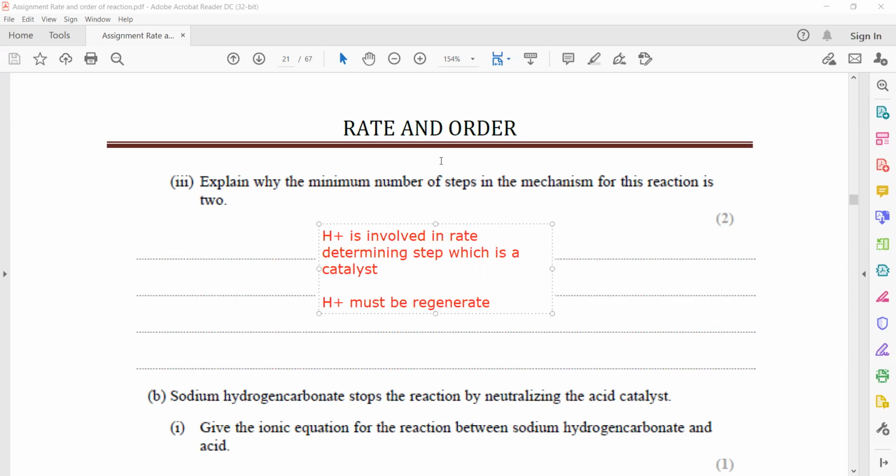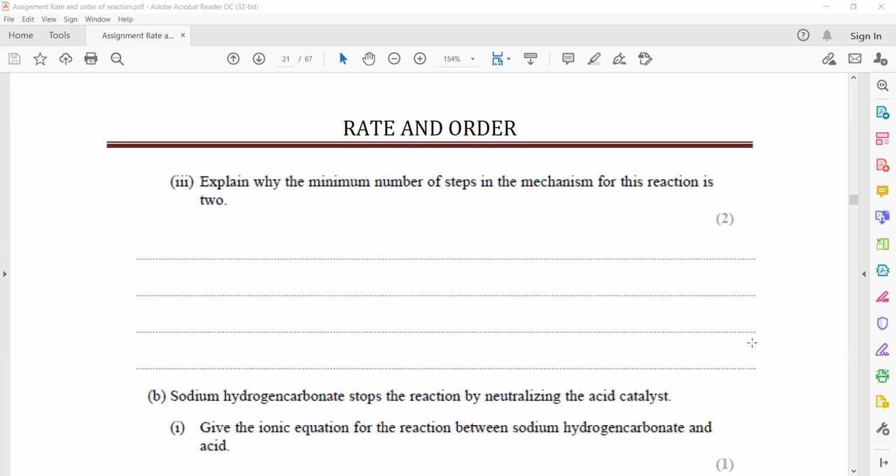So that's why first hydrogen ion is used up, reacted, and then hydrogen ion must be regenerated as it is a catalyst. So it will be a two-step reaction or multiple step reaction, not a single step.